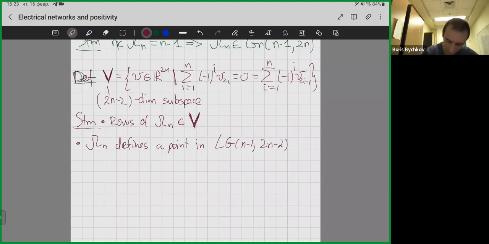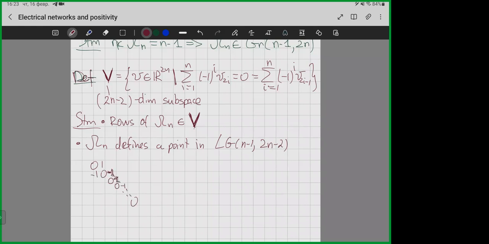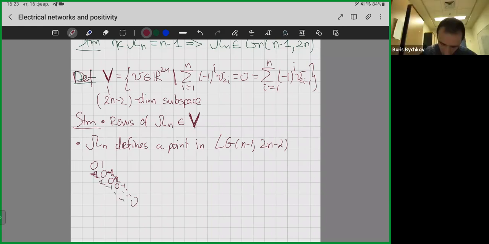It's like 0, 0, 0, 0, y minus 1, 1 minus 1, etc. What basis? There is an evident basis. In what basis are you writing?